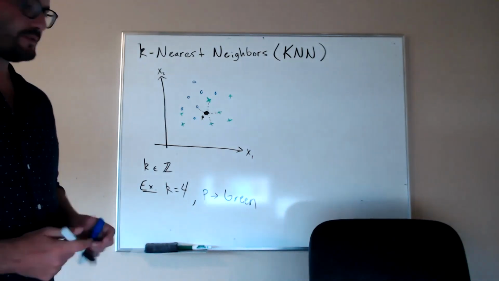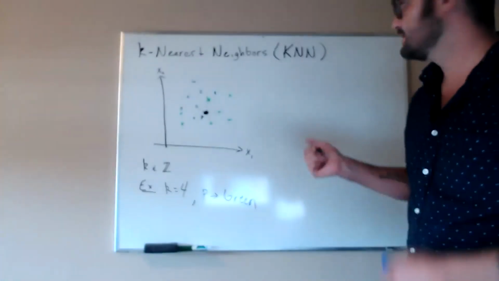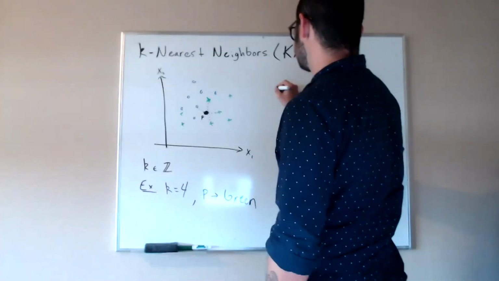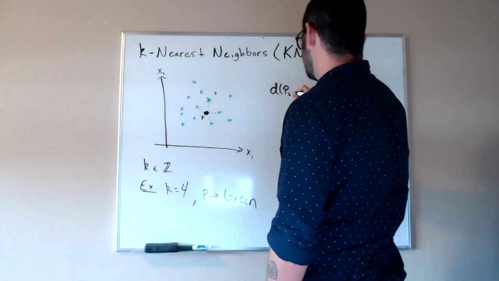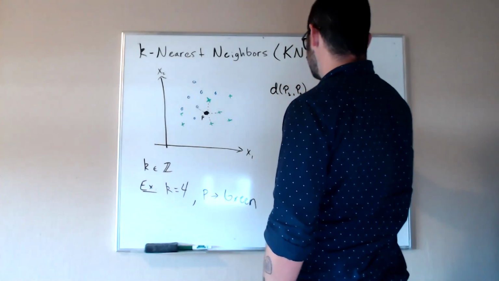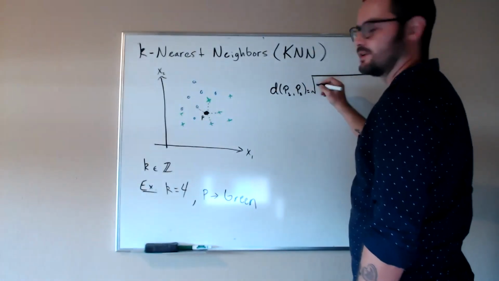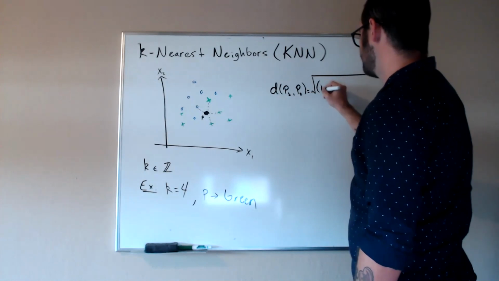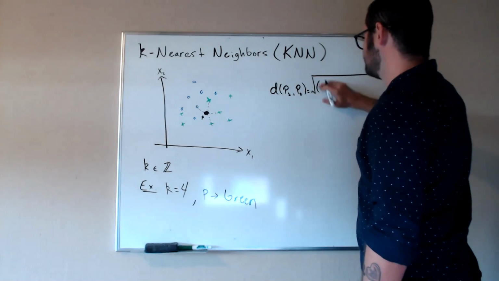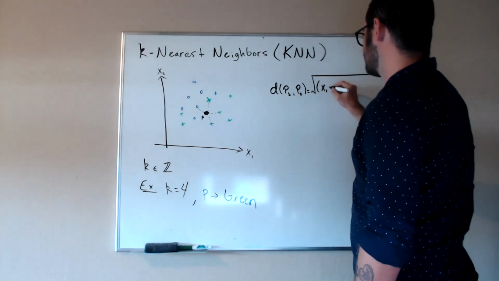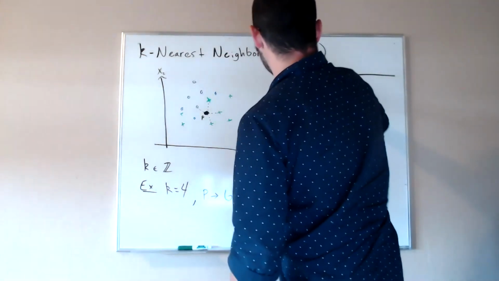So how do we calculate this distance? Well, there are several ways to do this, but the simplest is just the Euclidean distance. So the distance between point 1 and point 2 is just the square root of the difference. The notation gets a little messy.